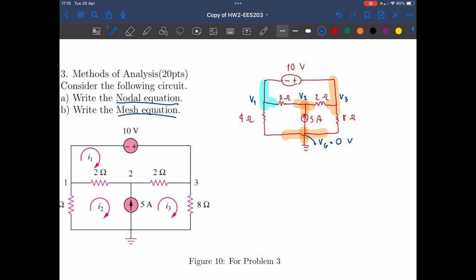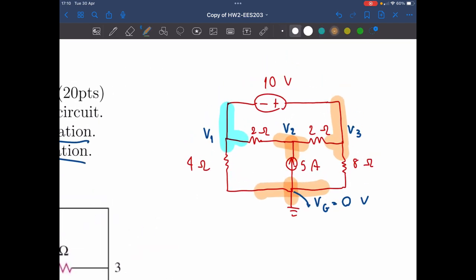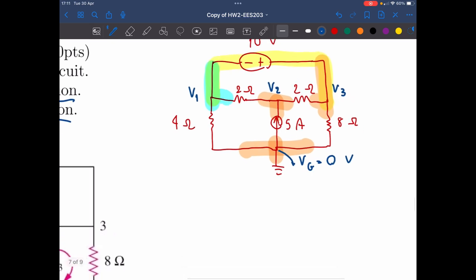So the first step here, let's look at this here. You see a node, or let me use another color, you see a node that has been on the left and the right side of this component, the source here. It is the supernode, as you remember.